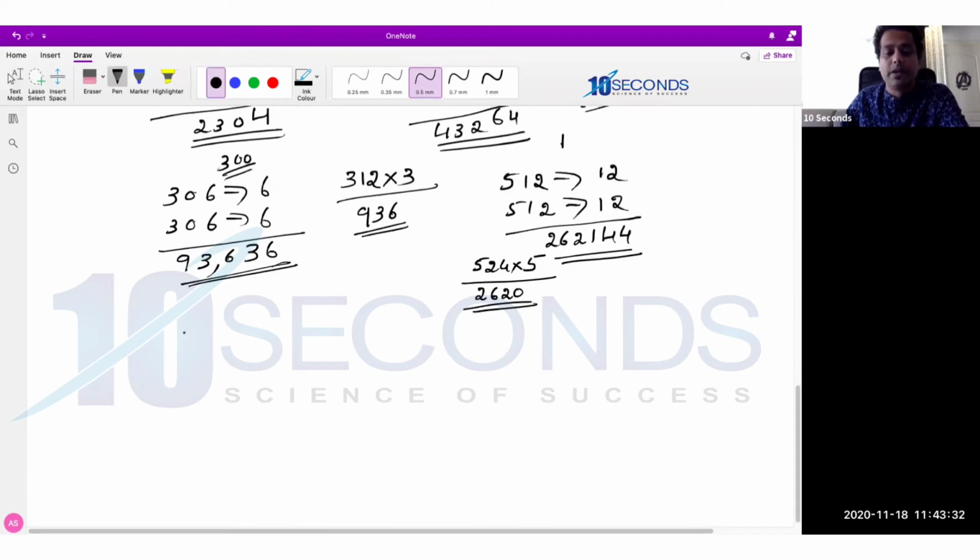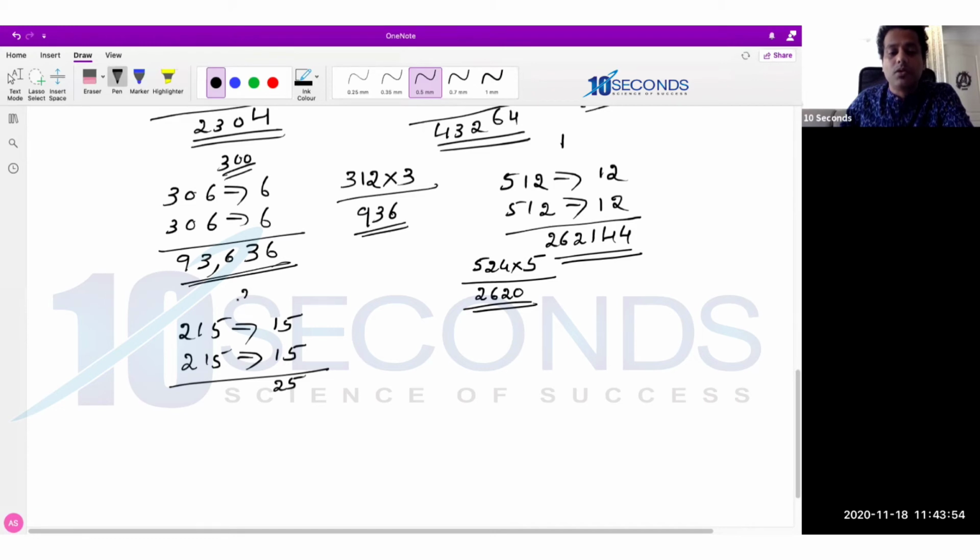Let me take one number where there is a carry, to avoid confusion. Say 215. 15 more than 200. 15 into 15, 225. You can write only 25.